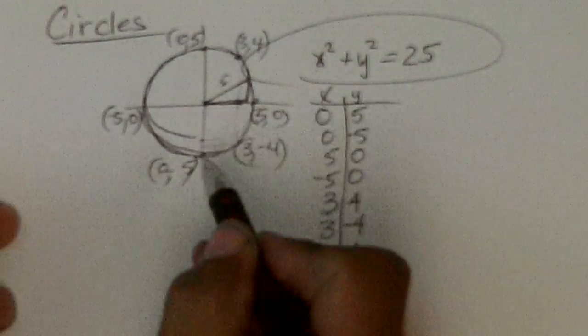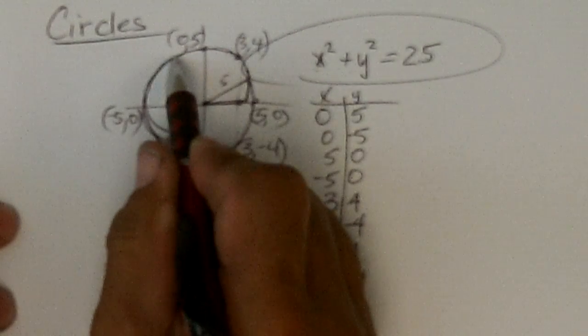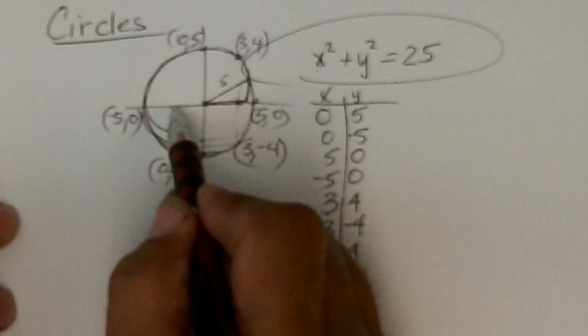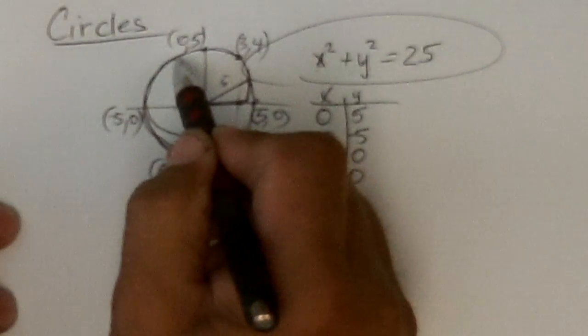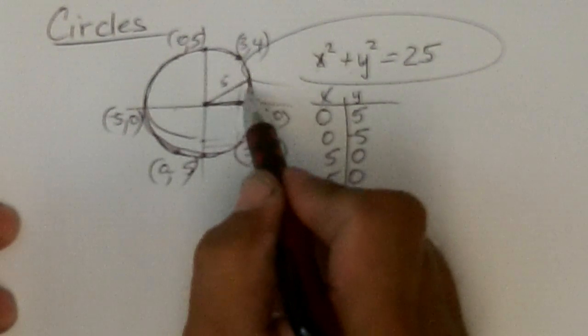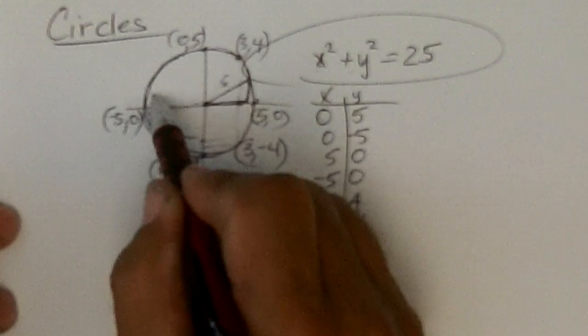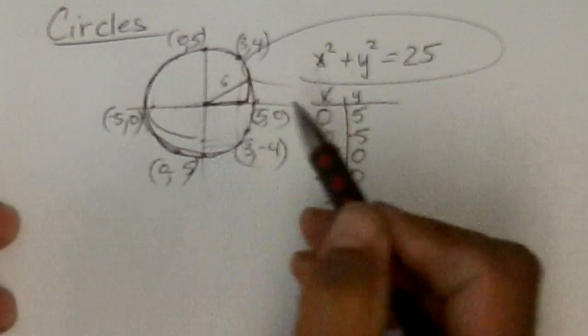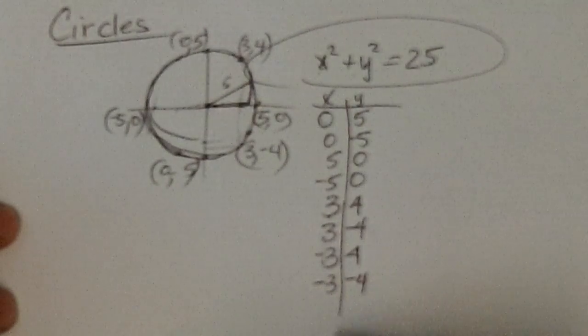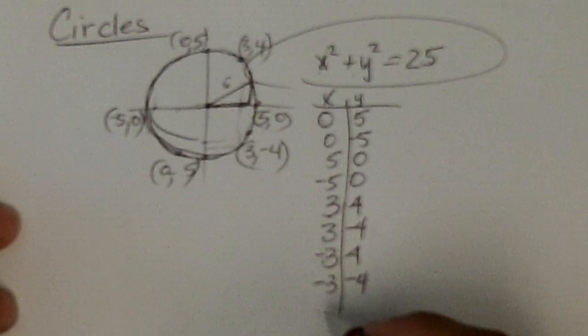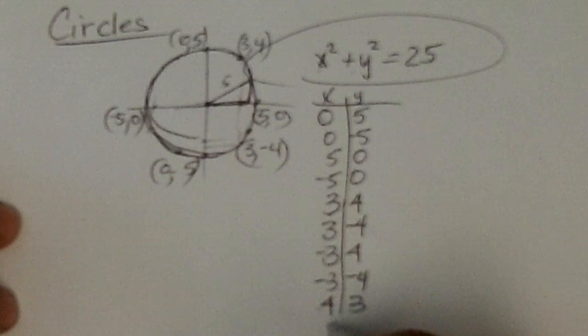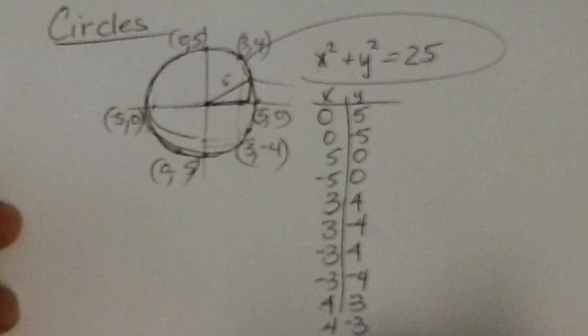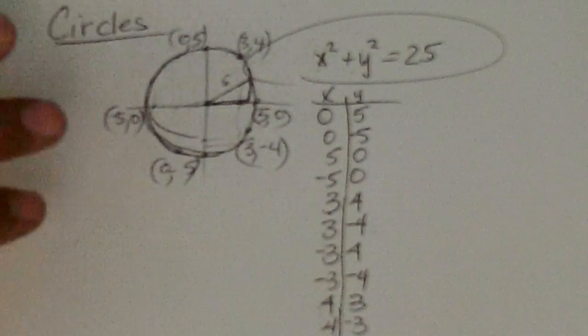And I should get negative 3, plus 4 and negative 3, minus 4. I should be able to put in 4 and get 3 or negative 3. And those are the ones that come out nice. So I can get 4, 3; 4, negative 3; negative 4, 3; and negative 4, negative 3. Those are the nice ones on that circle.